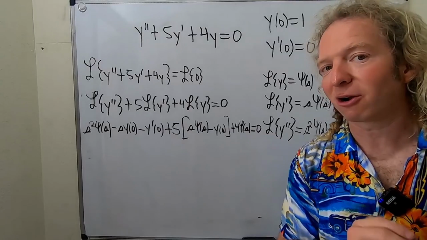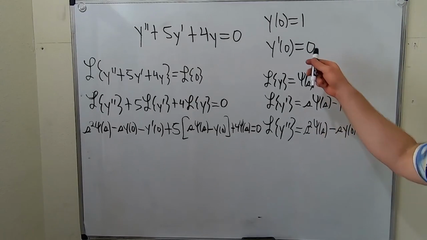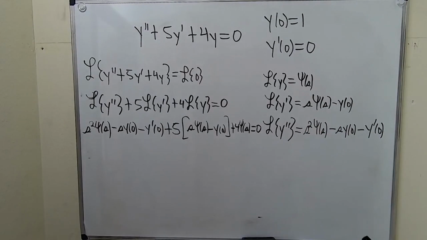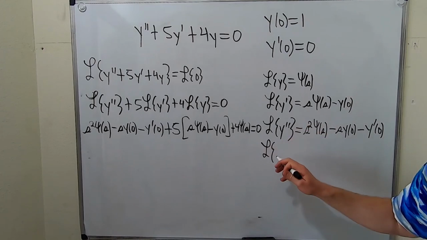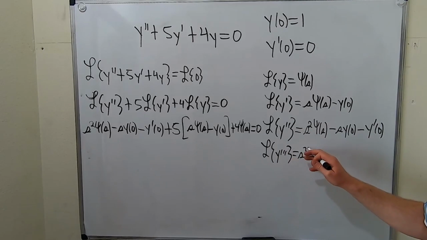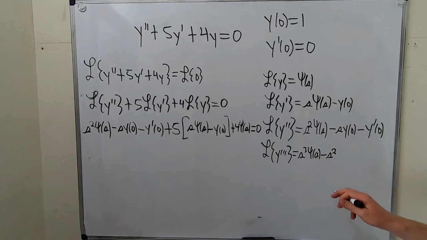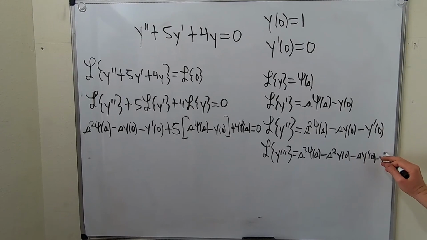I have no idea how hard this problem is going to be, so we will go slow. So again, these are the formulas you need. Do you need the one for the third derivative? No, it usually doesn't come up that much. I'll go ahead and write it for convenience. Let's see if we can figure it out. So y triple prime should be s cubed ℒ{y}(s) minus s squared y of 0 minus s y prime of 0 minus y double prime of 0.